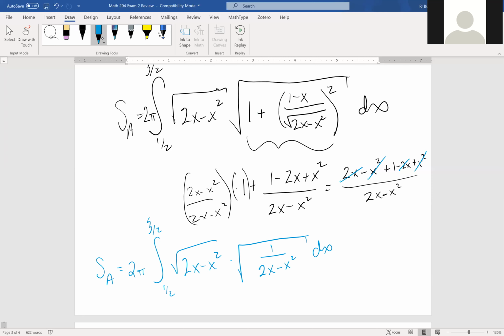Here's where most people get stuck. They try to start doing u substitutions and stuff like that. But I've got 2 radicals there. So put them together. So basically what I have there is square root of a times the square root of 1 over a. What's that going to be? One.